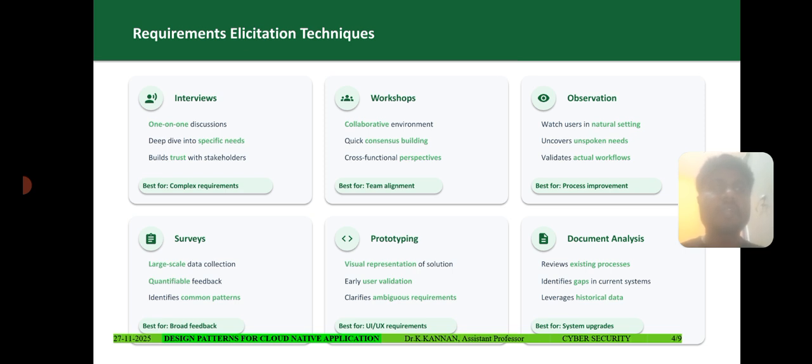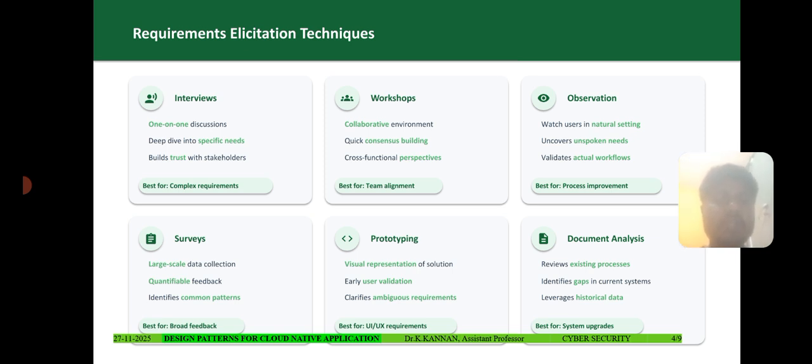Team alignment is very important. Observation is watching users in natural settings, uncovering unspoken needs and validating actual workflows. It is best for process improvement. Surveys provide large-scale data collection, quantifiable feedback and identify common patterns.